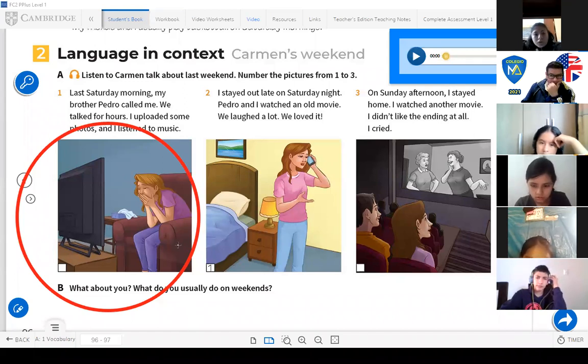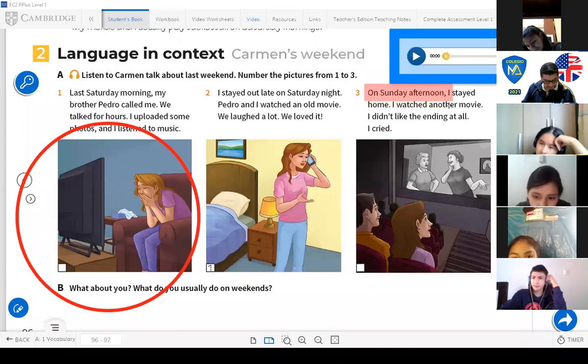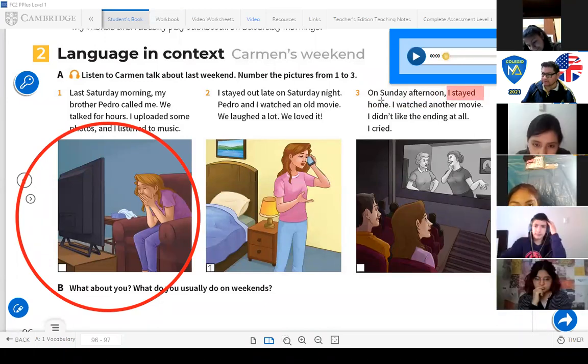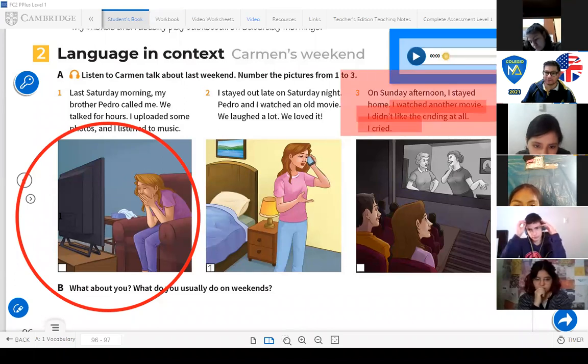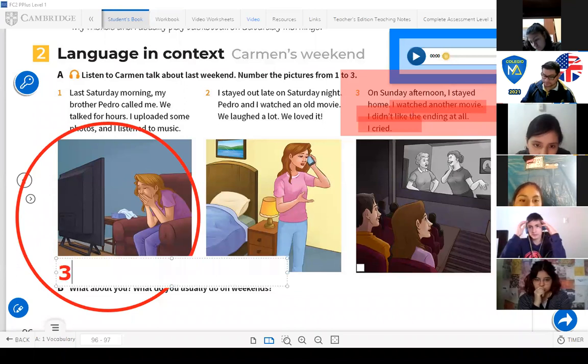Number 3. Right. I think it's number 3 because it says on Sunday afternoon, I stayed home. I watched another movie, right? It says I didn't like the ending at all. I cried. This is number 3.